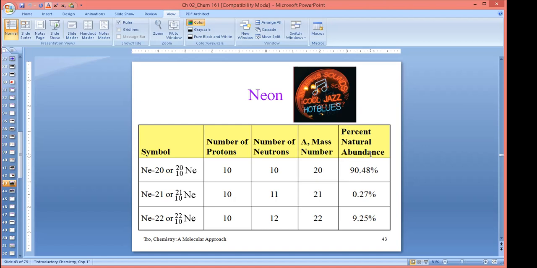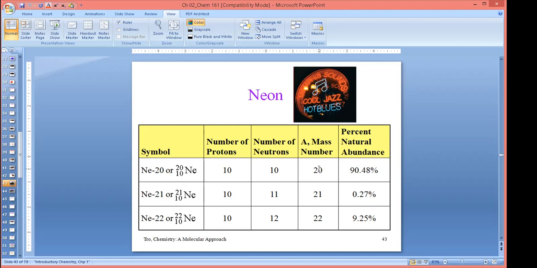So this is sort of like your grades in a class where, like for us, the midterm is worth 25% of the grade, but the final's worth 50% of the grade. So since 90.48% of the neon on Earth is this 20 isotope, then the mass of all neon when you mix it together needs to have what's called a weighted average.